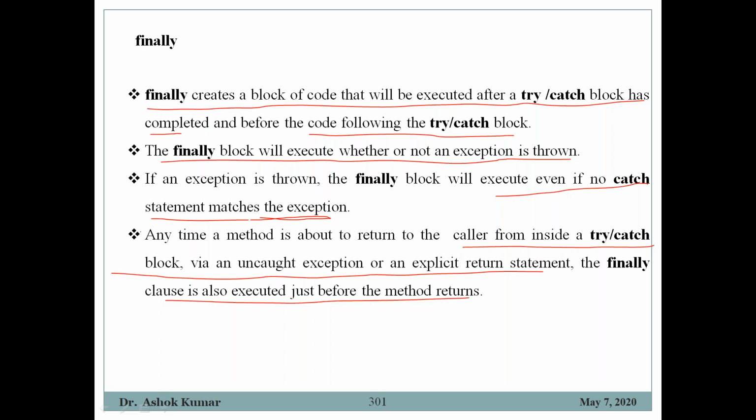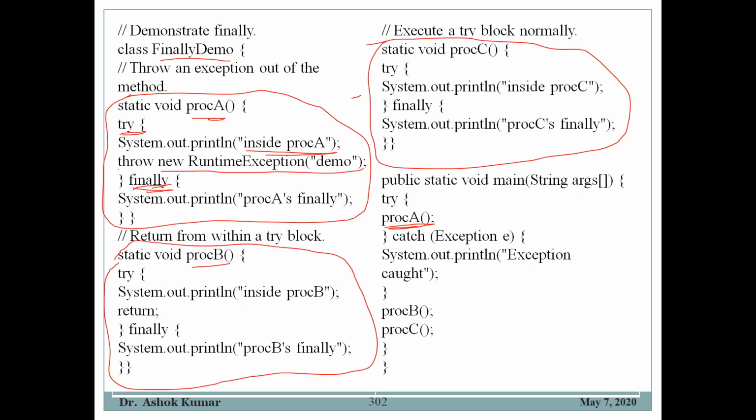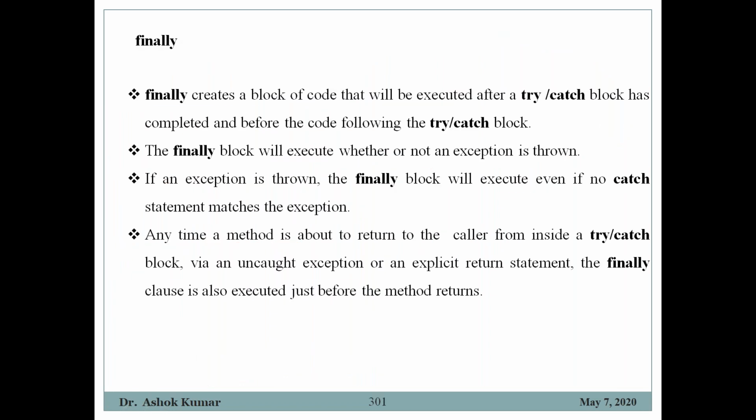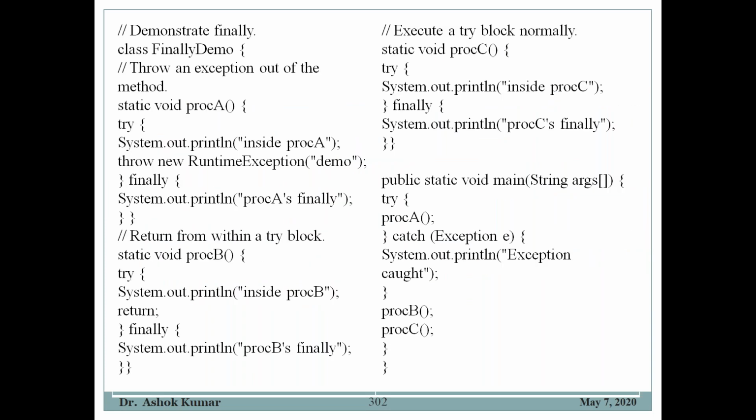This is the important point, because if you look at this slide, when the exception is thrown, because there is no catch block, the method will return to the main, and before the method returns, the finally gets executed.